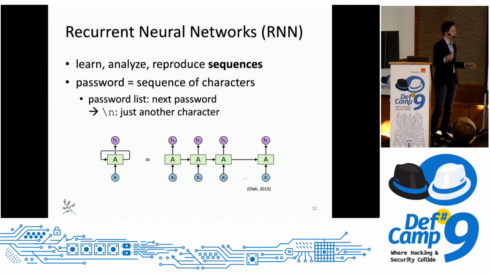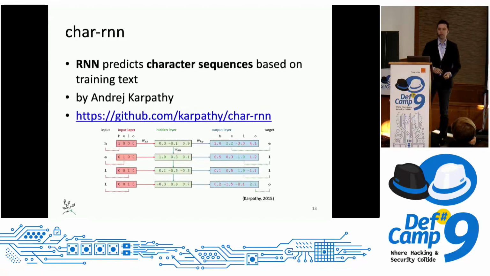So you have a chain of neural networks, and now it's possible to analyze structures. There's a tool out there called CHAR-RNN, written by Andrej Karpathy. And this basically allows you to predict character sequences. So you train it on text and generate text. And you can all install that on your computer, try it out, play with it.